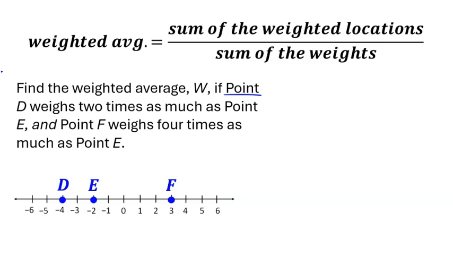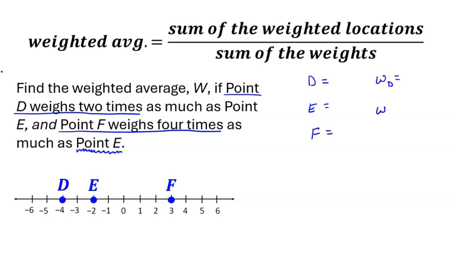We're looking at point D, which weighs 2 times as much as point E. We've got point F that weighs 4 times as much as point E, and then we're also looking at point E. So we've got D, E, and F, and then I'm going to list the weights right out next to them. So we've got the weight of D, the weight of E, and the weight of F.